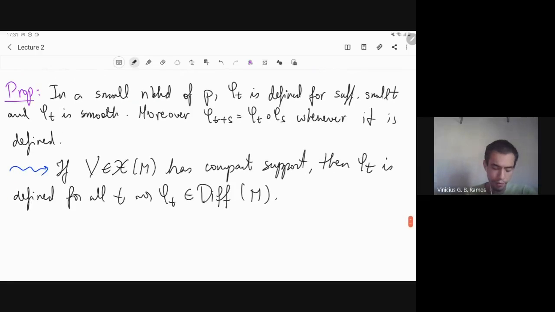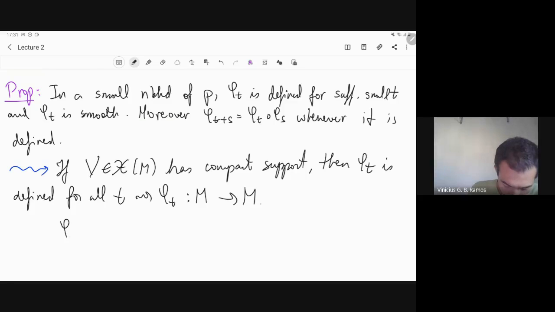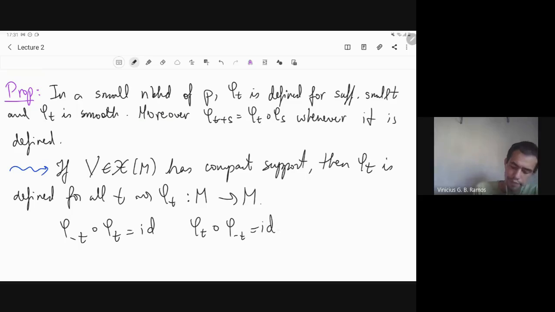Maybe let me just say it in pieces. First of all, this is a smooth map that takes M to M. And it's a diffeomorphism because you can look at phi minus t, and phi minus t composed with phi t is the identity, and phi t composed with phi minus t is also the identity.